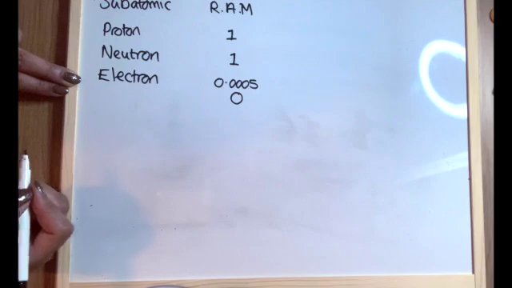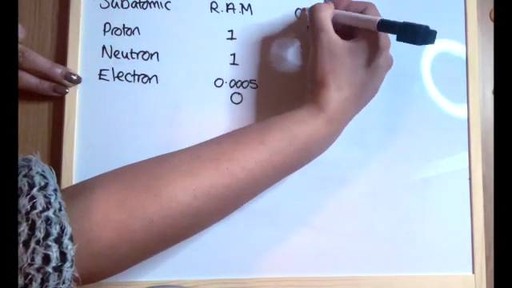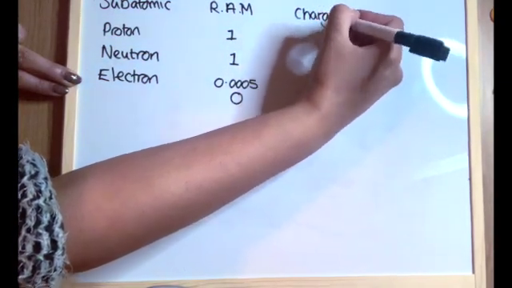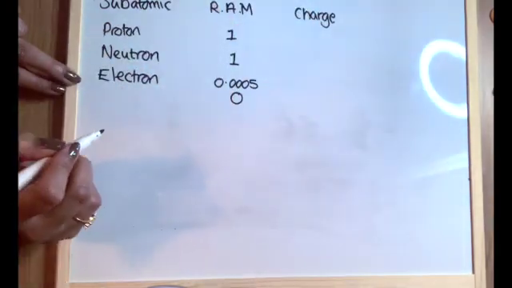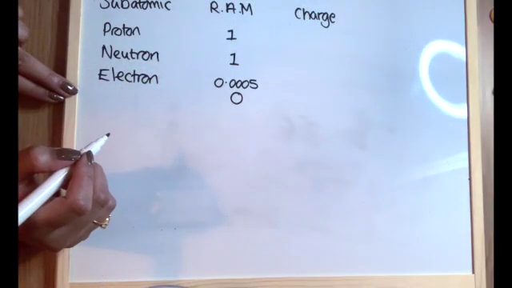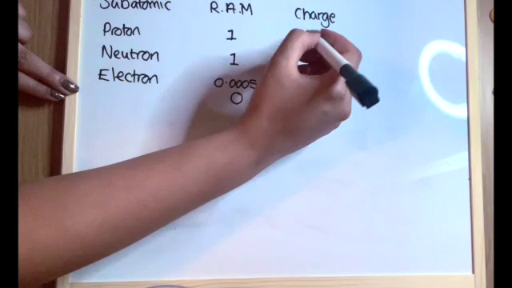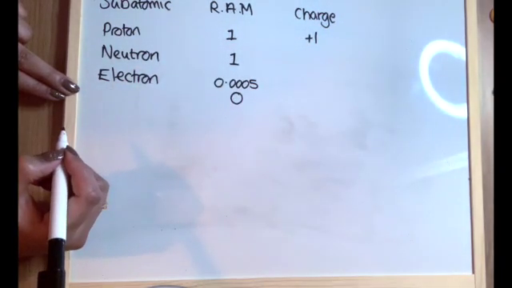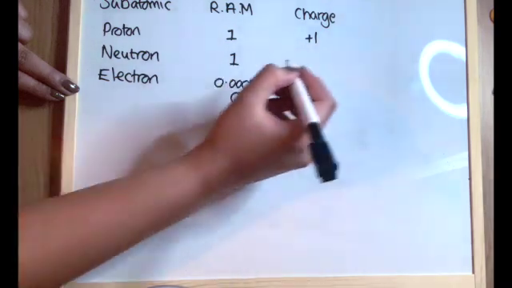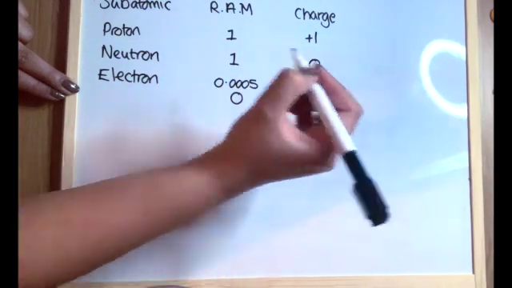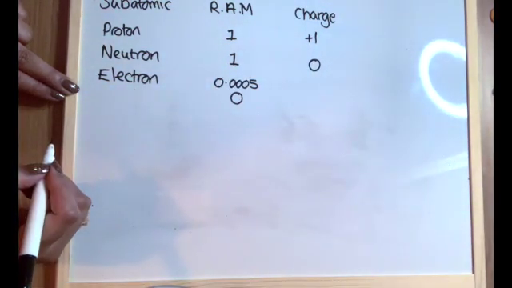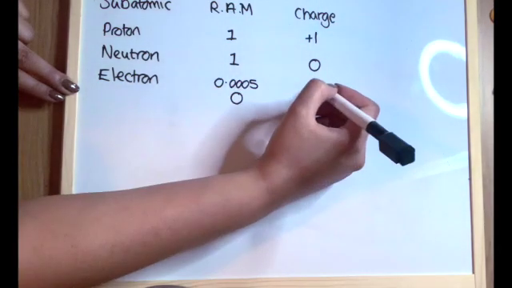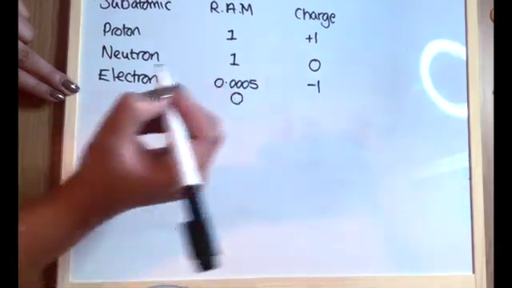Now, in terms of the charge, we have the charge of a proton, which is +1. So one proton has a charge of +1. Neutron, we said, did not have a charge. So it's 0, it's not positive, it's not negative. And an electron has a charge of -1.